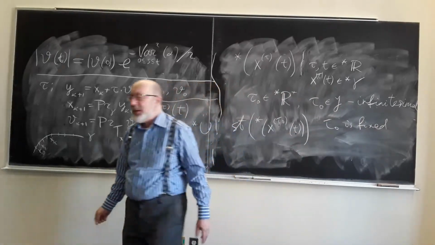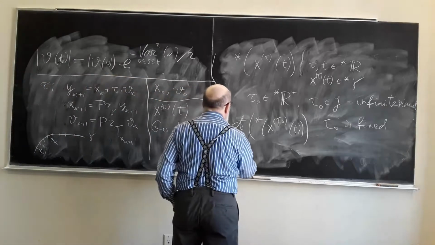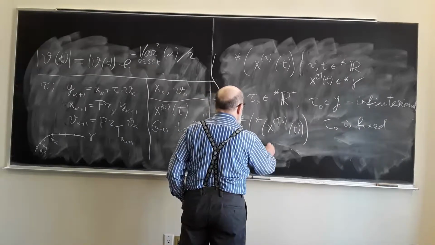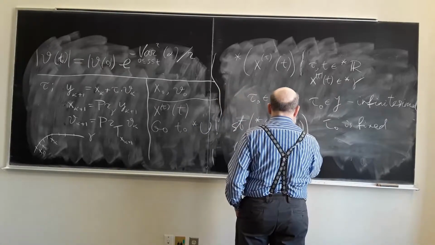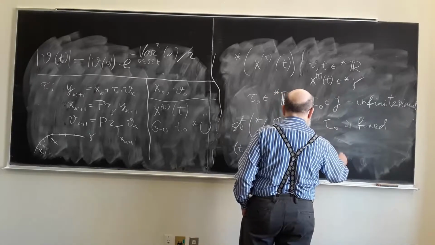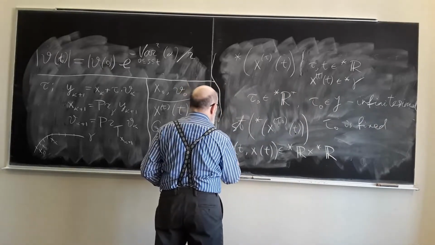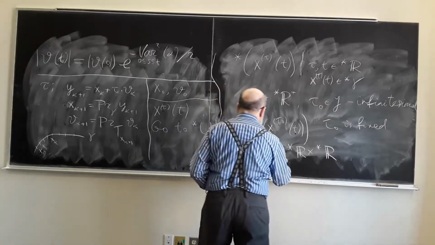So how do we take the standard part of a non-standard function? We have to take all the pairs t, x of t, and then consider the pair standard part of t, standard part of x of t.